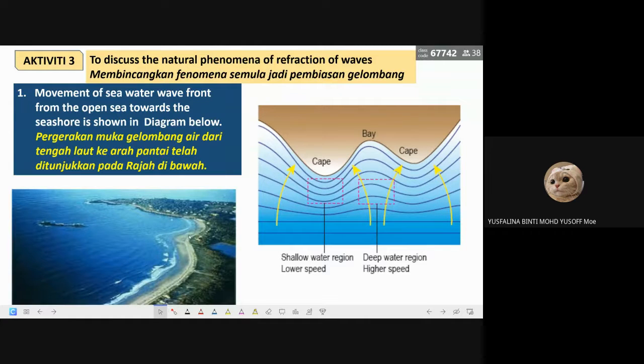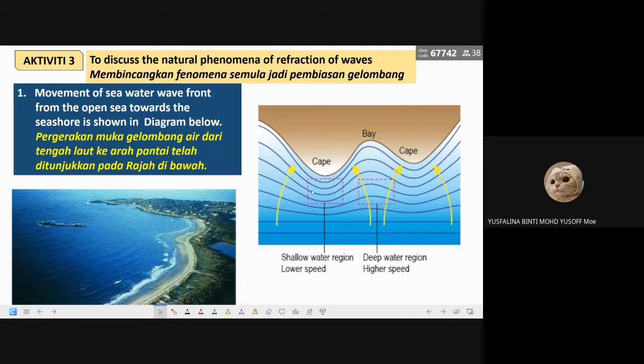And this is the bay. Alright, so let's see what happens at the cape first. At the cape, we can see the wavelength here becomes shorter. So this is the shallow water region.